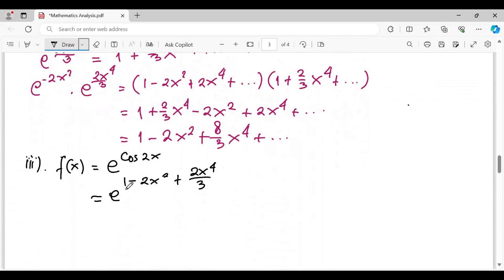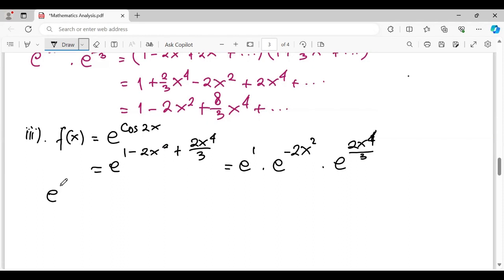So it becomes e to the power 1 times e to the power minus 2x squared times e to the power 2x to the power 4 over 3.